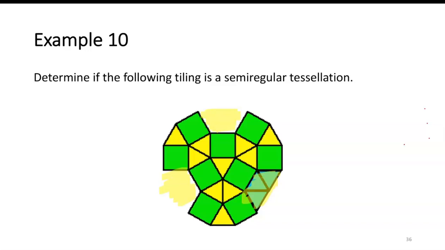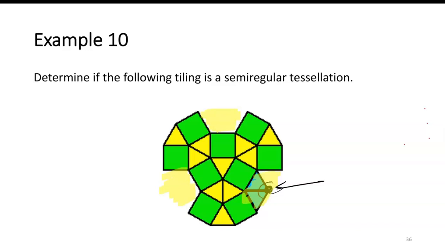If you try putting a triangle and a triangle, you see now we have 3 triangles. In this case, this vertex right here would have 3, 3, 3 triangles in a row for this to work. And that's going to be a problem.